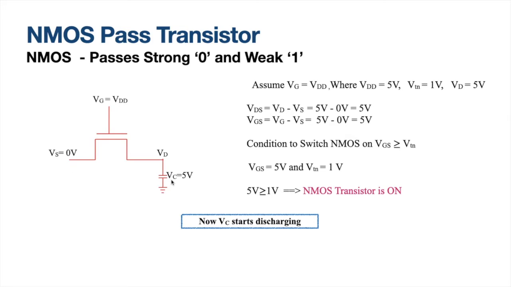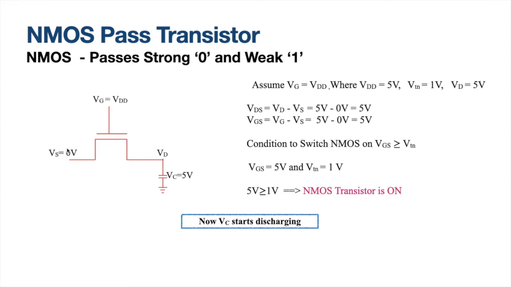For our assumption, again we are connecting a capacitor, but here this capacitor is pre-charged to 5 volts. In order to understand how it passes strong 0, we have to make this assumption that this capacitor is pre-charged to 5 volts. Now compare the voltage at both terminals.